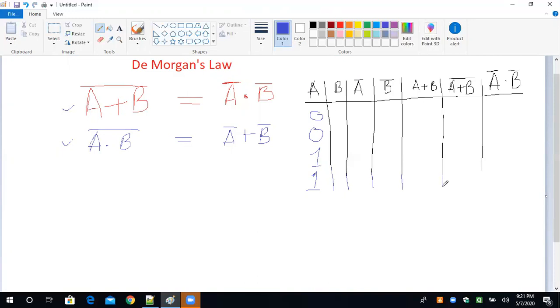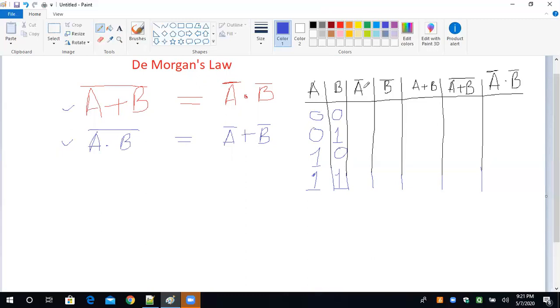And after that, in the truth table, B is there. So 0, 1, 0, 1. I have uploaded one video related to the truth table on my channel. You can watch that video if you are feeling some problem understanding the truth table concept. It's a very easy concept I have explained over there.